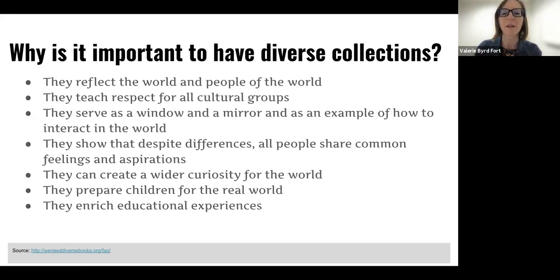They teach respect for all cultural groups. They serve as a window and mirror and as an example of how to interact in the world. Books that are diverse show that despite differences, all people share common feelings and aspirations. They can create a wider curiosity for the world. They prepare children for the real world and others.